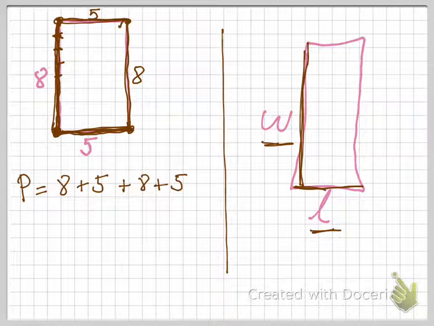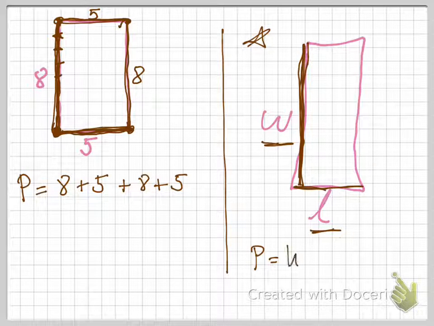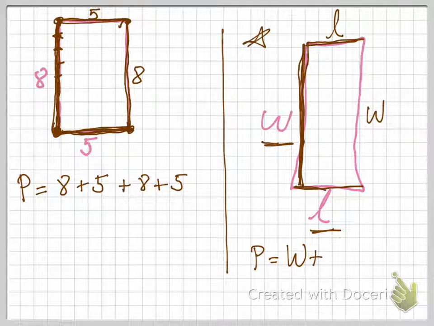So what would that look like with our unstandard side over here? Well, we'd have P equals, so if we're walking up this way, that would be the W plus the length, going across with the length, and then on this side we're going down the W and over back to the length.